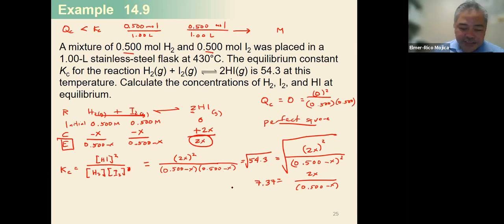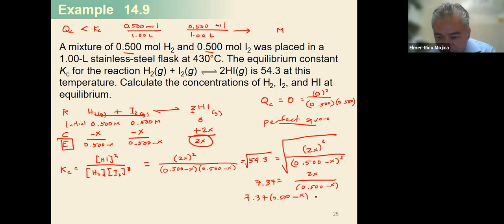So the next thing that we're going to do is you have to solve for x. So you have to use math here. So you cross multiply it with that one. Now you ask me why? That's what the math said.